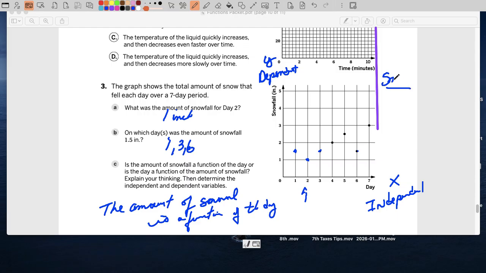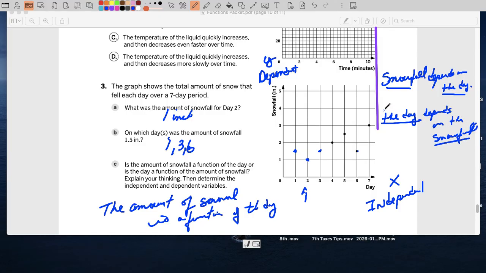Does the snowfall depend on the day, or does the day depend on the snowfall? You gotta pick one, right? The second one does not make sense. So definitely snowfall depends on the day, which makes the snowfall your dependent, your y value, and which makes the day your independent, or your x value.